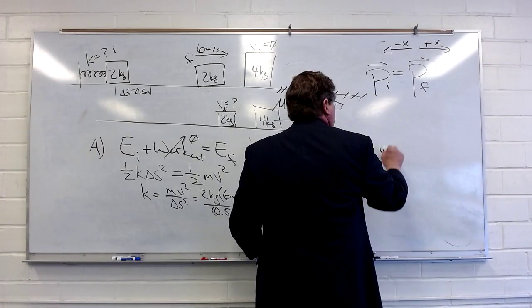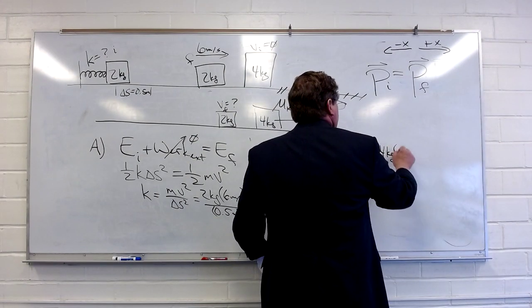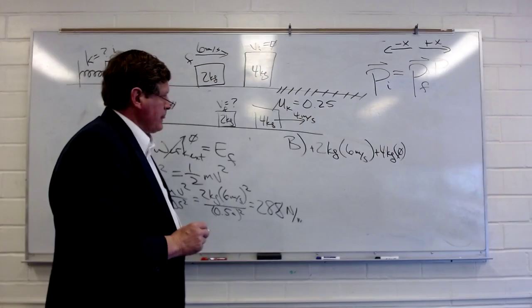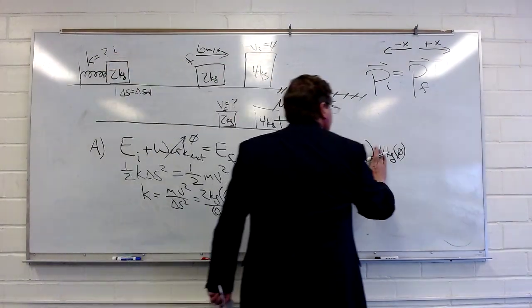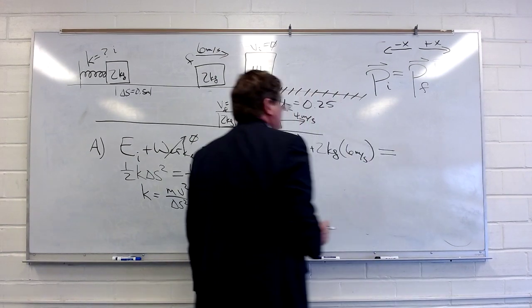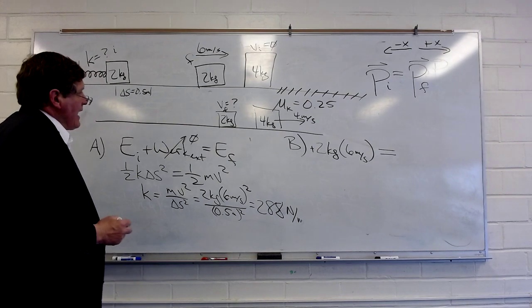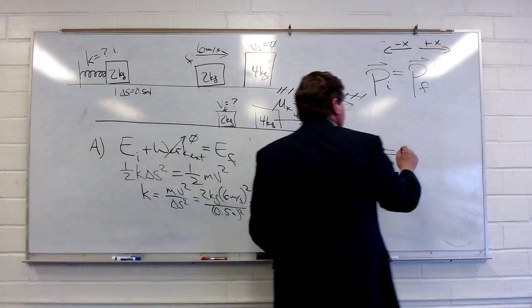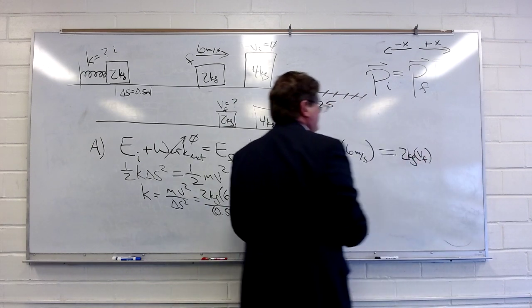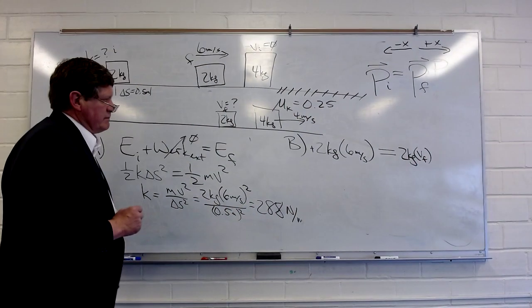We had a 4 kilogram block that was not moving at all. So I just wasted ink. I'm just going to take that right out because I need the space. Okay, because that was 0. After the collision, I've got the 2 kilogram block moving at a speed that I don't know, so I just make it a positive variable.